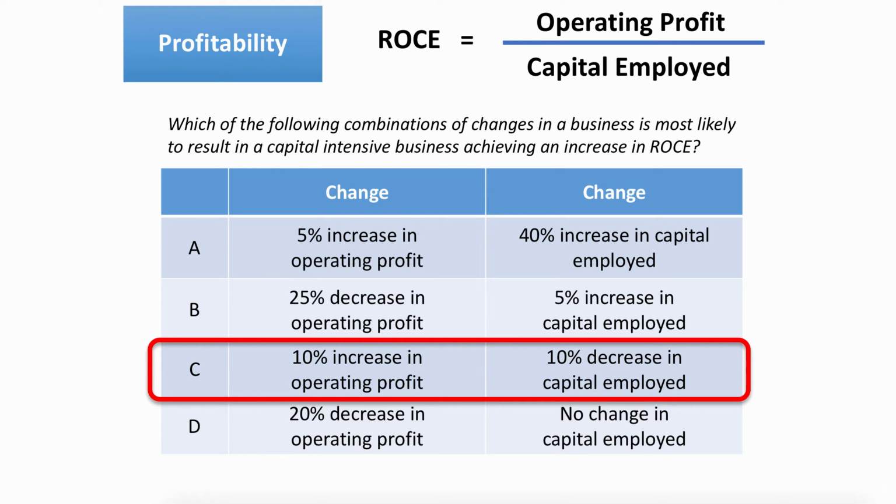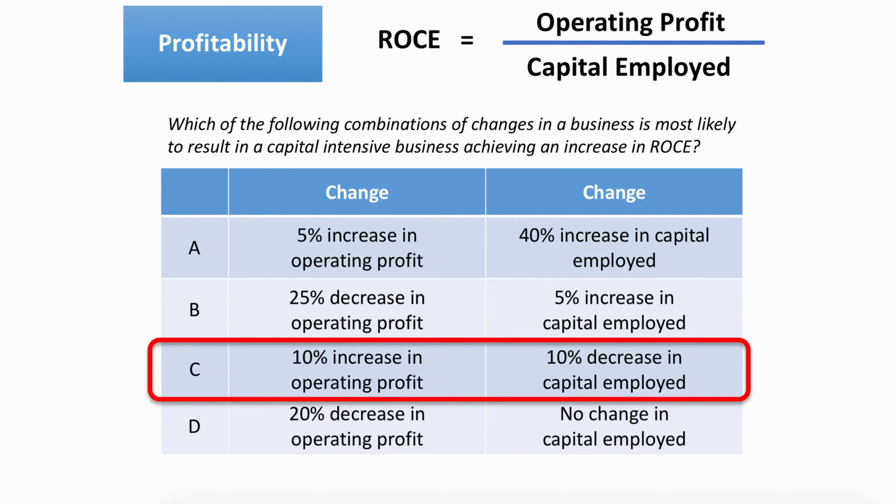Don't forget this key formulae. Operating profit divided by capital employed. For AQA students, don't forget capital employed is non-current liabilities plus total equity. But you may be given the capital employed figure, and we express that as a percentage. So to increase return on capital employed, we can either increase the top part by increasing profit, or we can reduce the bottom part by reducing capital employed, or even better, do both.